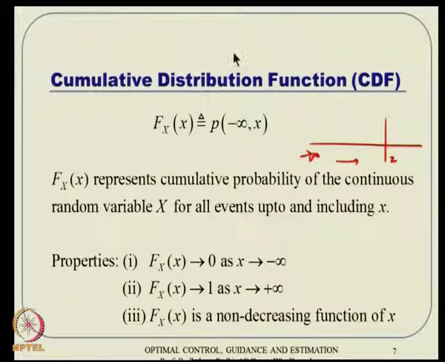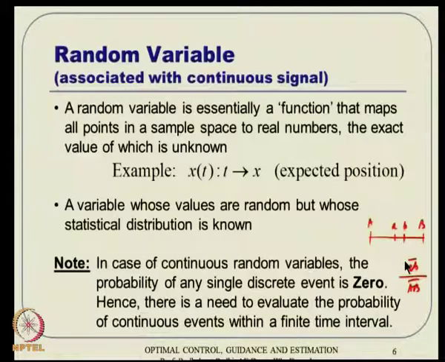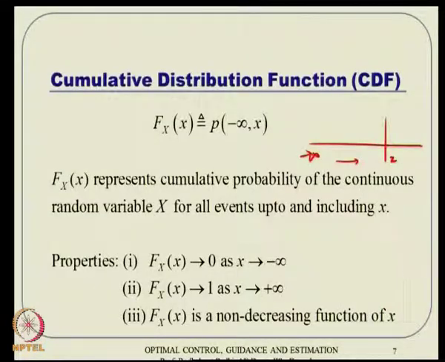So, how does it vary actually? If I plot from minus infinity to plus infinity, with some PDF value as something like 1, then it starts from 0 and goes towards 1.